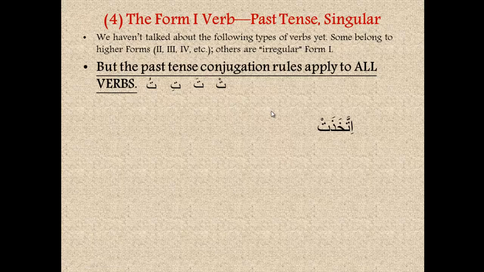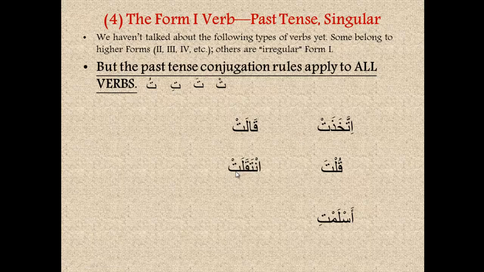Ittakhadat is a form 8 verb. We don't know what it means, and at this point we don't care, but we see the ta at the end, and this tells us it's conjugated for hiya in the past tense. So she is doing this action, whatever it is. Qulta, we see the ta. This tells us the verb is conjugated for anta. Aslamti, we know the verb is conjugated for anti. Qalat, we know it's conjugated for hiya.